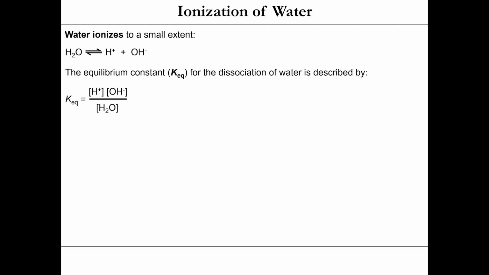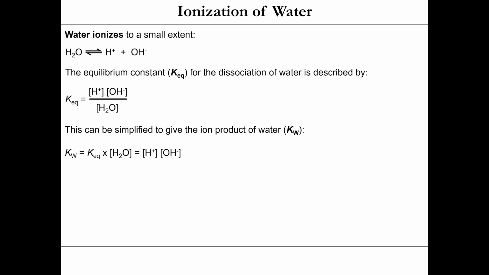And this equation can be simplified to give the ion product of water. So the ion product of water is designated as Kw, and so that equals Keq times the water concentration, and this is just done by rearranging this equation up here, and that will equal the proton concentration times the hydroxide ion concentration.